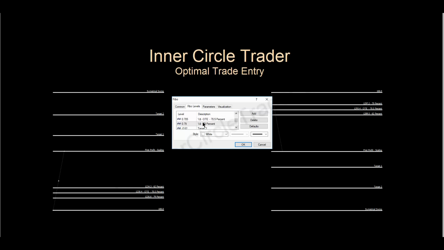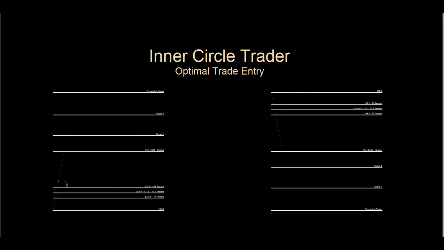And 79%. And we have our target levels, which is -0.62, -0.27, and then -1 for a symmetrical price swing. Okay, and then the same as this, done over here. I don't need to show you the property settings for that. It's the same thing, just shown in a scale of looking for downside objectives.